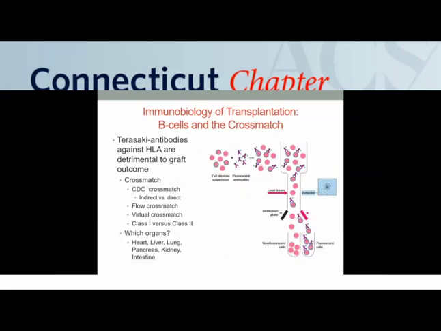All right. So one of the things about antibodies in transplantation, I mentioned that T cells have to activate B cells to produce antibodies against human tissue. Now, usually in the vast majority of people, that doesn't happen until you're exposed to a tissue. So if you've been exposed in a transplant, then it will happen. However, there are situations where those antibodies might develop before you get exposed to a transplant.